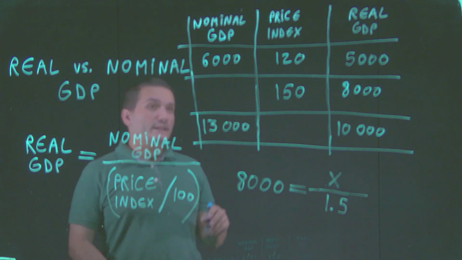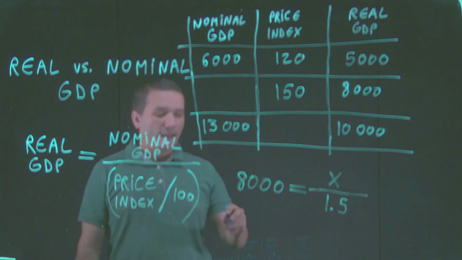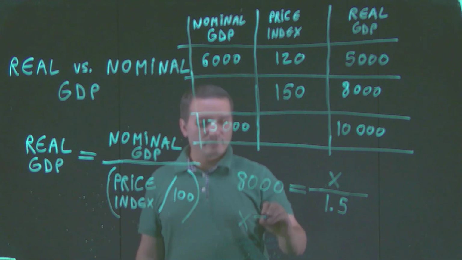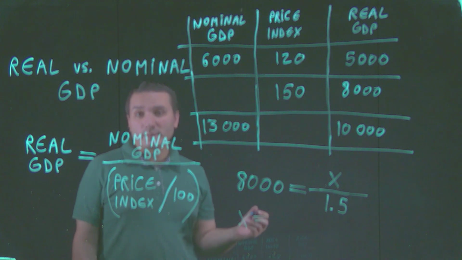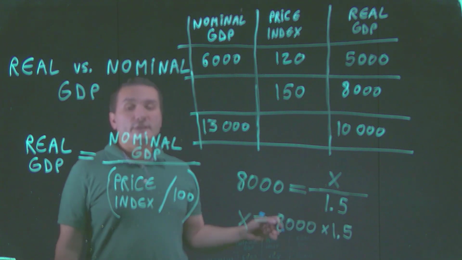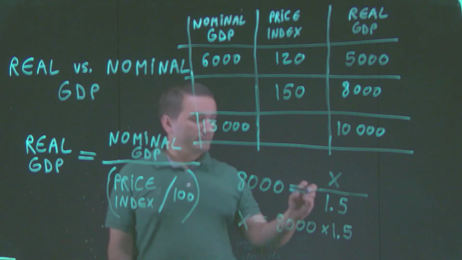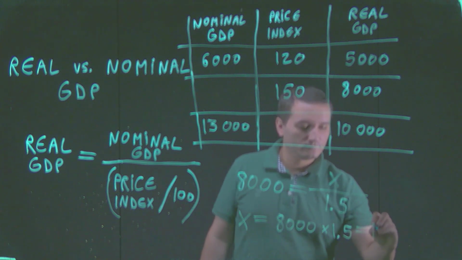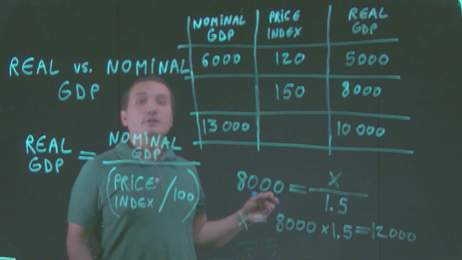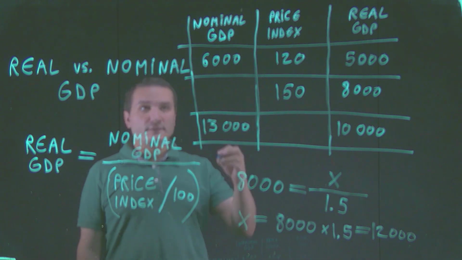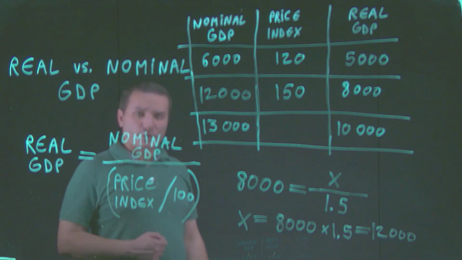Which means, of course, that the something, nominal GDP, x, is equal to 8,000 multiplied by 1.5, which is equal to 12,000. So there you go. That is nominal GDP in this case, 12,000. And that is row number 2.